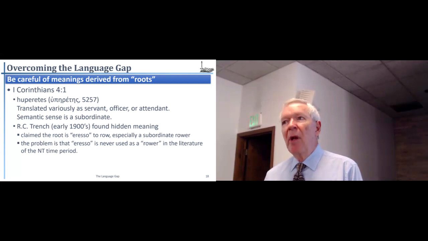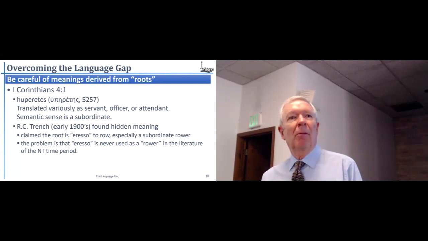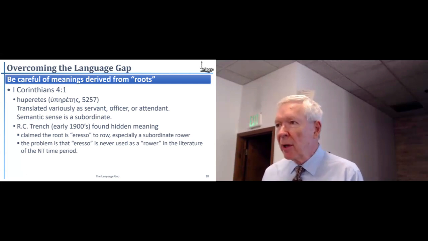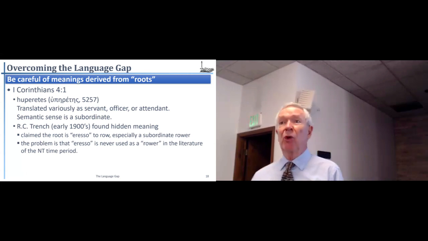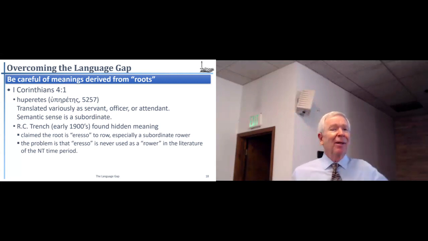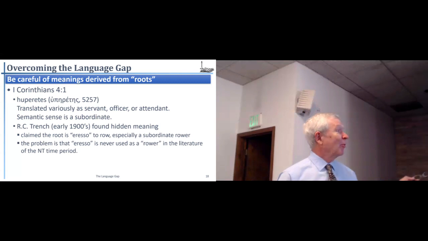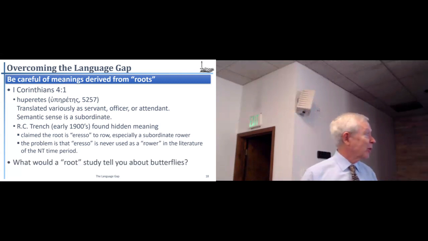Except that this word never came from that root, had no context or meaning with it. And while he might have said some good things about our being servants to Christ, it's not from that root word. All right. You can do better just by saying, I'm a servant of Jesus Christ. That's what it means. Problem is, it was never used as a rower in the New Testament time period.